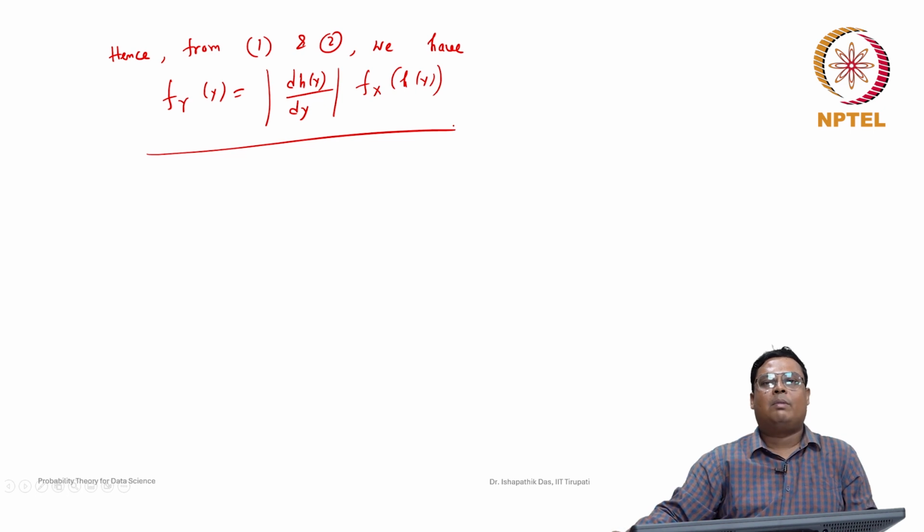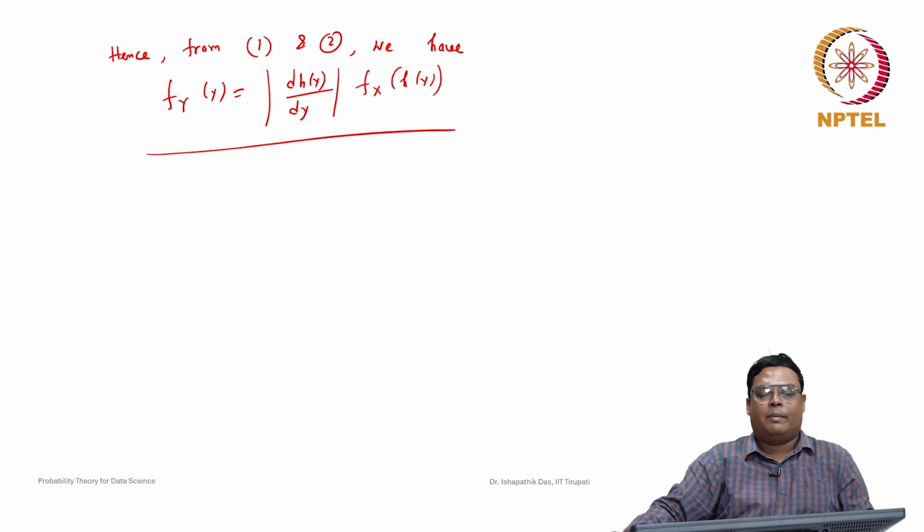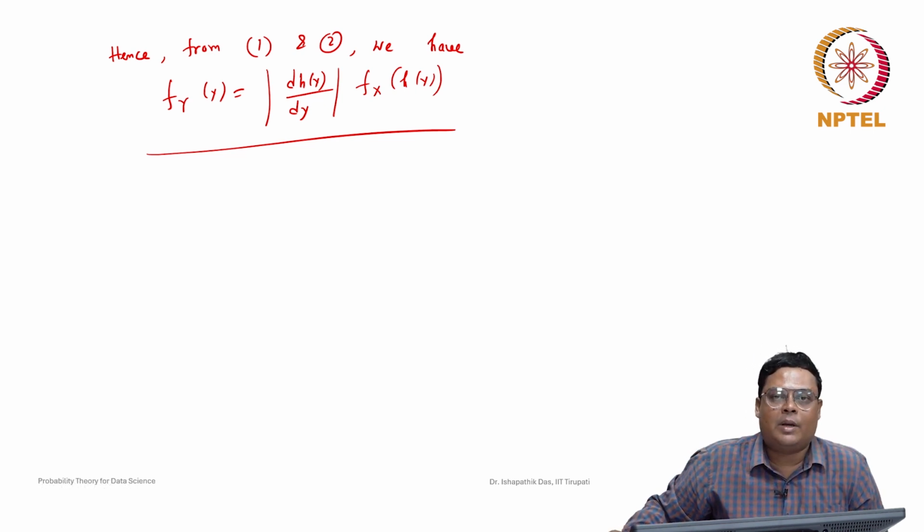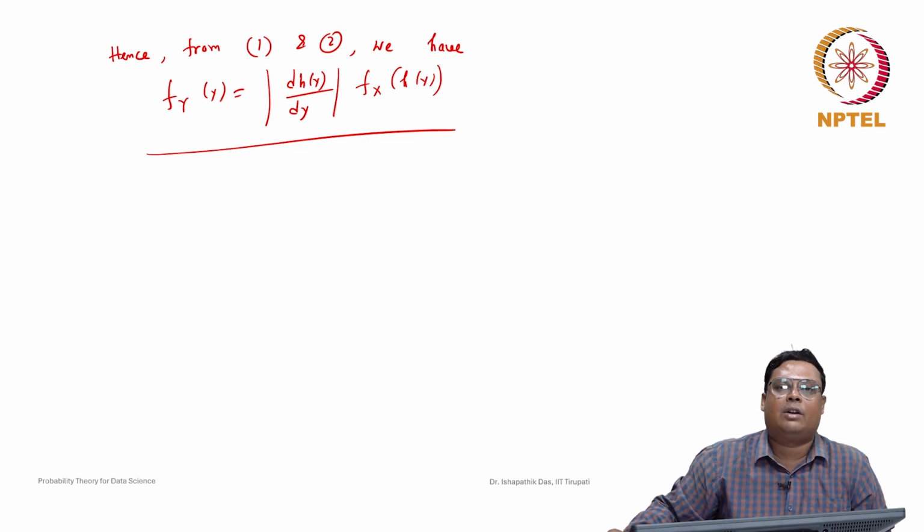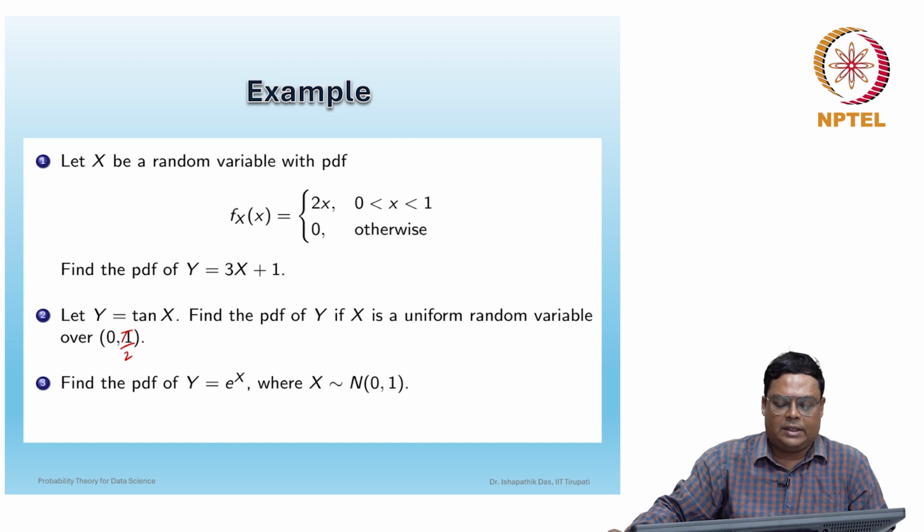Note that this theorem is applicable whenever X is a continuous random variable and we take a transformation Y equal to g(X) which is strictly increasing or decreasing and also differentiable, and hence the inverse also exists. I think you have followed this result.